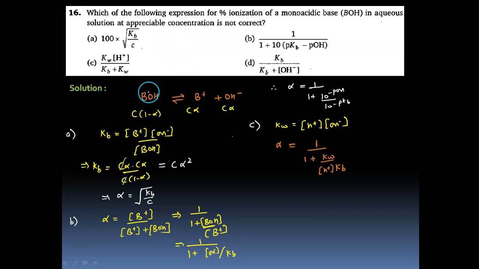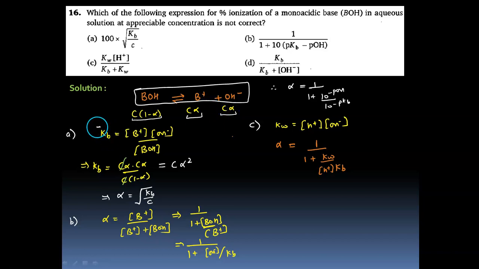So let us understand the dissociation of a monoacidic base, that is BOH, dissociating to give us B+ and OH-. If C is the original concentration and alpha is the degree of dissociation, then at equilibrium, out of C, C alpha would be lost and will form B+ and OH- of the same amount.